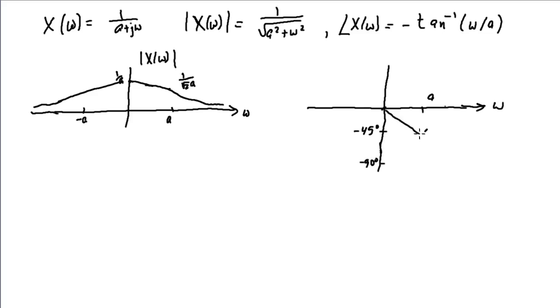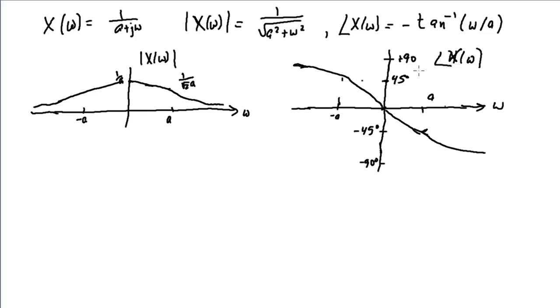So the phase response is going to go through that point and then approach minus 90 degrees. Our phase response actually has odd symmetry, so it'll look like this as we go toward negative frequencies, plus 90, and then at minus a, again it will be plus 45 degrees. This is what the phase spectrum of X of omega looks like.